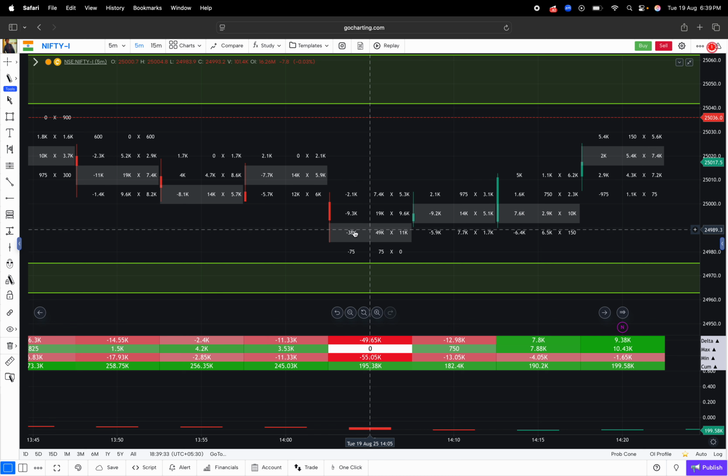Again you got a 49k delta here, minus 49k, but you don't see a follow-up candle. Again the next candle got absorbed over here. So we will mark this level as well.